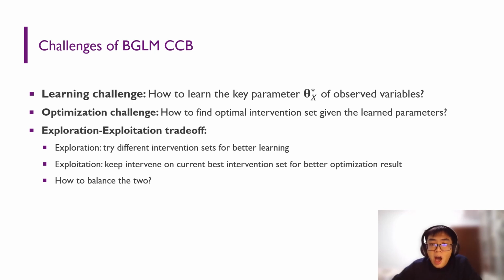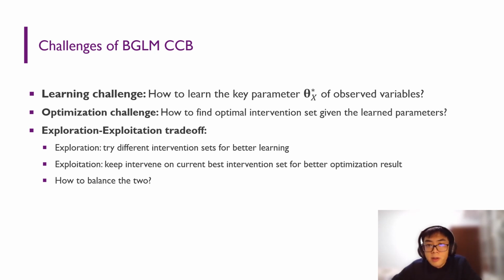Because we are designing online learning algorithms, we need to find an optimal intervention that is retrieved from a confidence region of the estimated parameters. The last one is the exploration-exploitation trade-off.